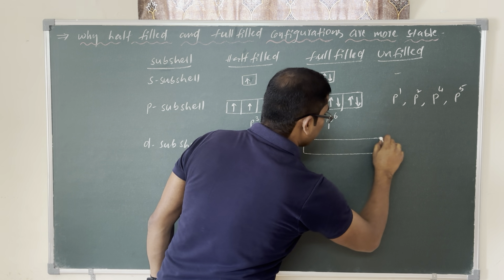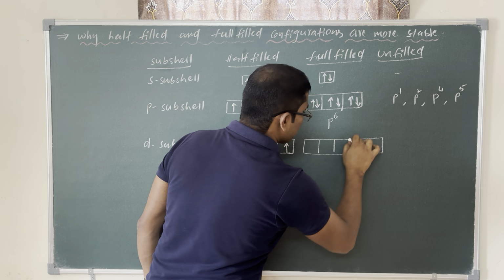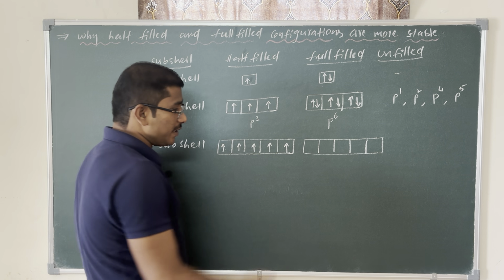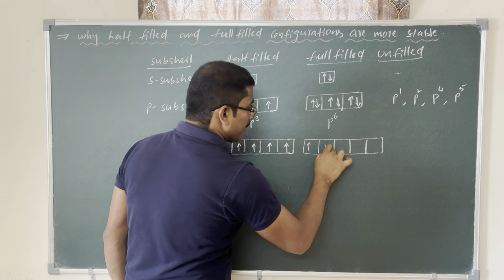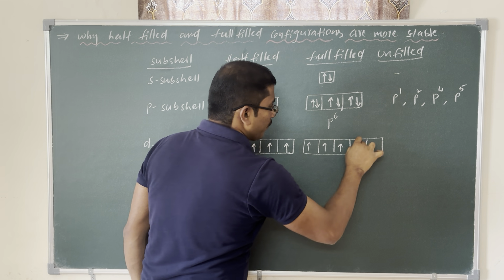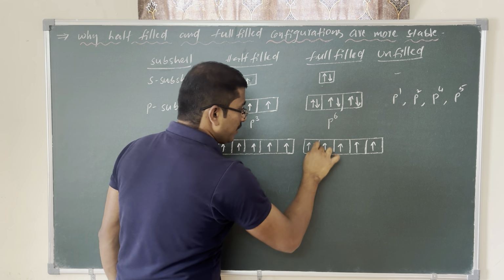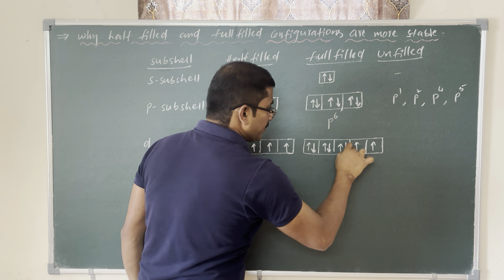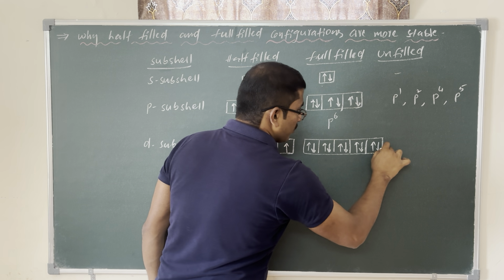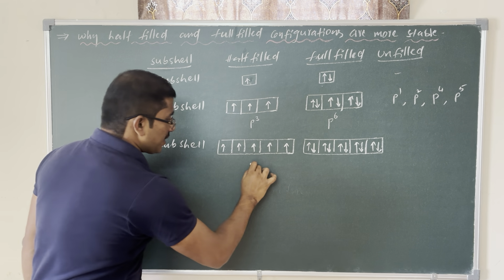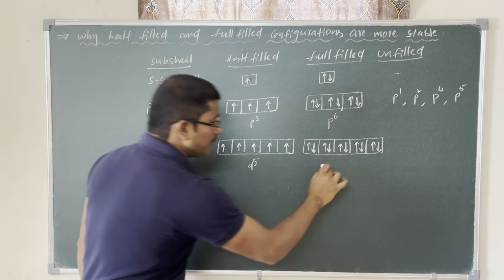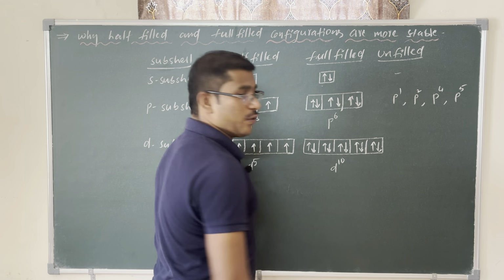Full filled configuration is when all orbitals are filled with 2 electrons each: first half filled, then it starts to pair. So d5 is the half filled configuration and d10 is the full filled configuration.